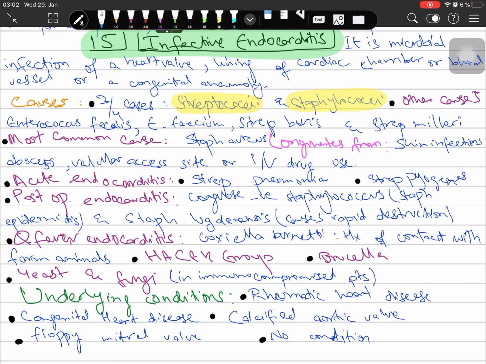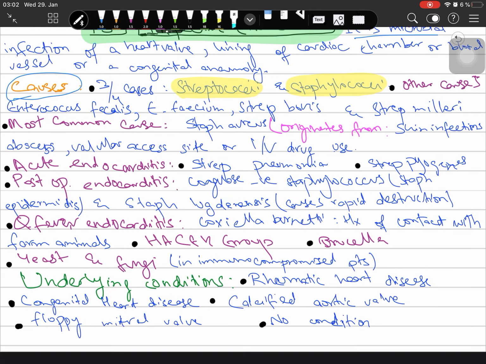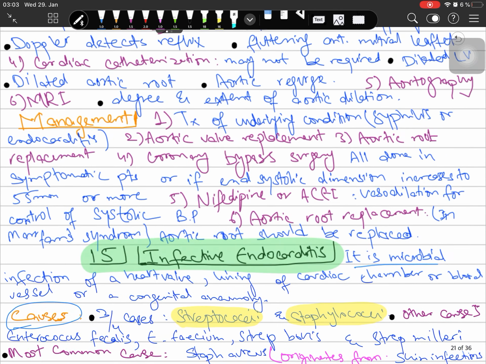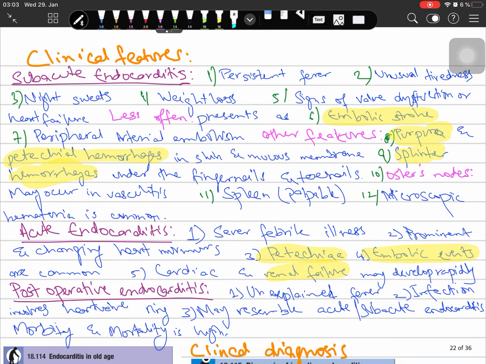For example, in infective endocarditis, there's a definition, a concise one, and then the causes, and in causes there are also underlying conditions like rheumatic heart disease, congenital heart disease, calcified aortic valve.